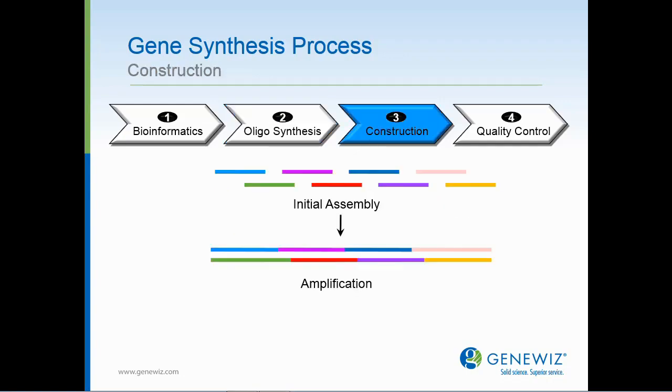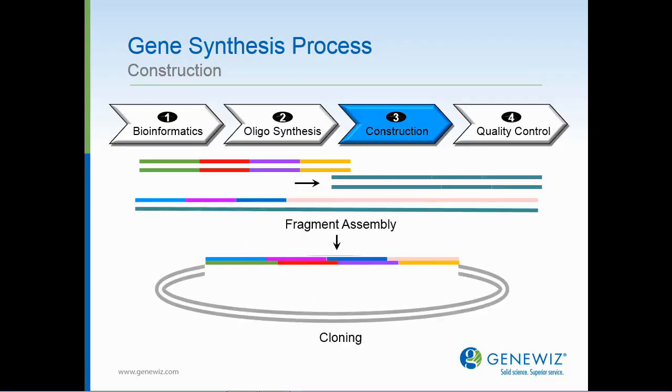Following the oligo generation stage, individual oligos are assembled and amplified to create intermediate fragments. And as the process continues, eventually the full-length synthetic gene is created and is cloned into a suitable vector.